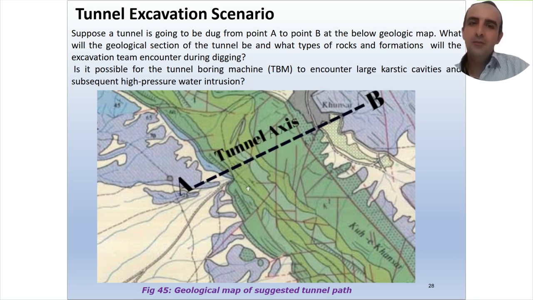And again, based on geomorphological features and the types, we can understand this is an oblique syncline. So it tells us that we have a syncline in our path for our tunnel.